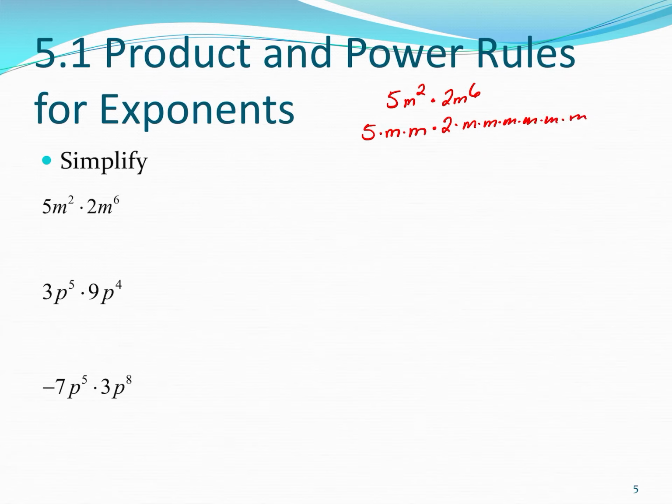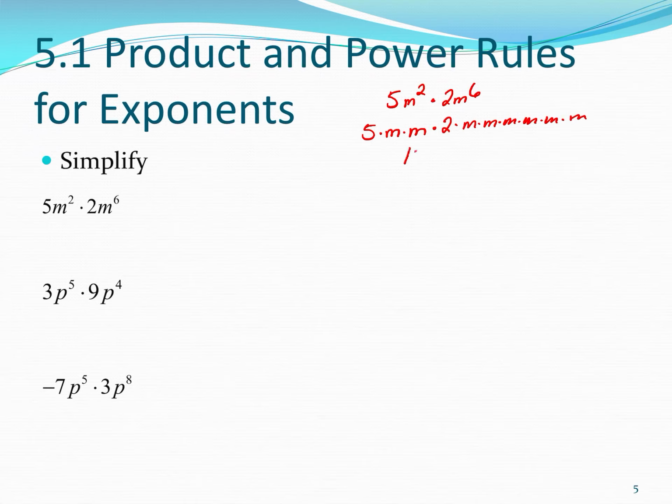The 5 is not part of the base. And it's being multiplied by 2 times m times m times m times m times m times m. Because again, m is the base in that second part as well. And so really we have this 5, this 2, and then a bunch of m's being multiplied.